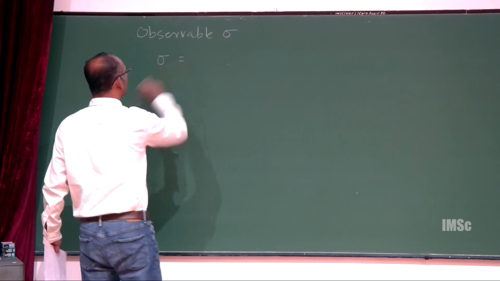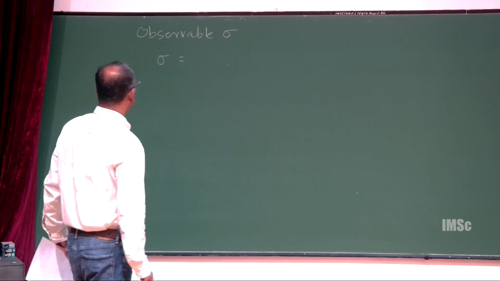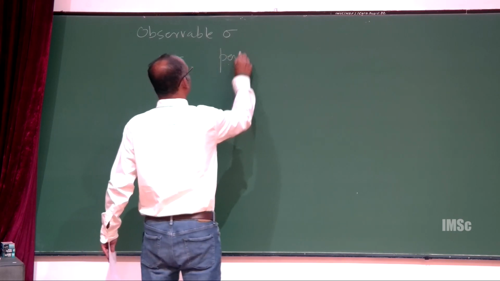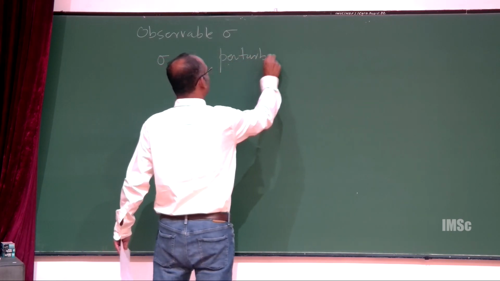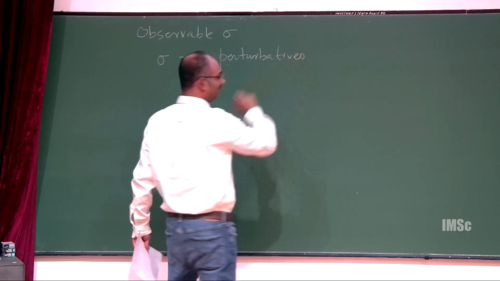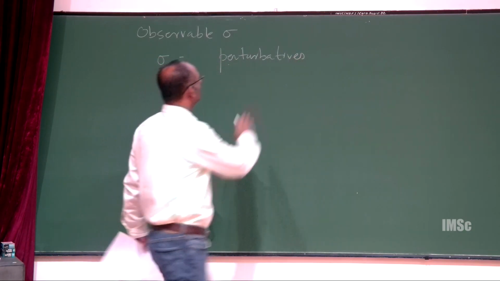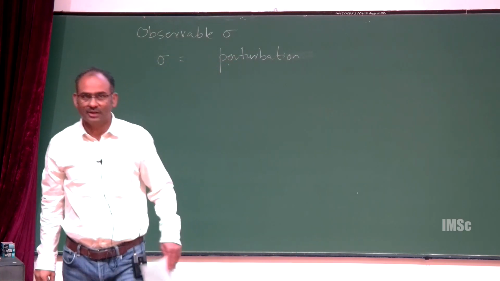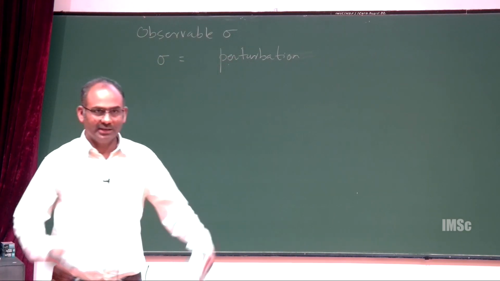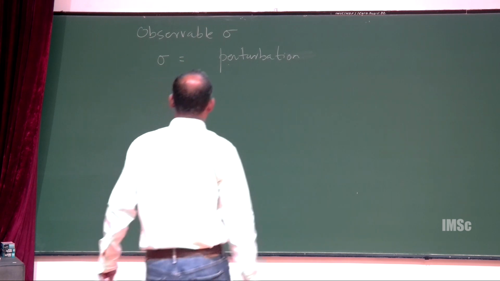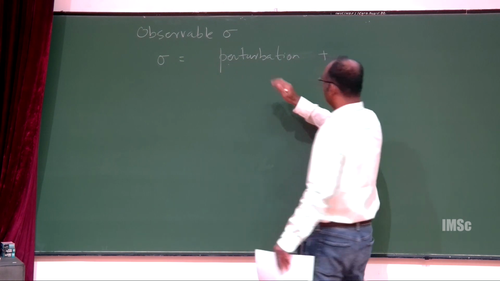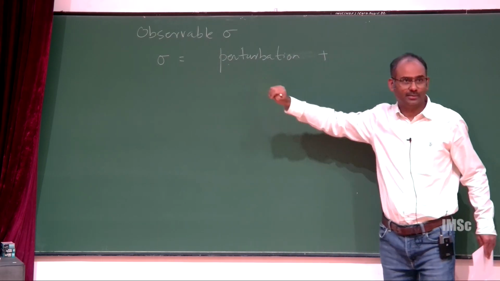You will of course do a perturbation theory, so you will have results coming out of your perturbation calculation. Okay. But in general, this observable will also have contributions which cannot be captured by perturbation theory.